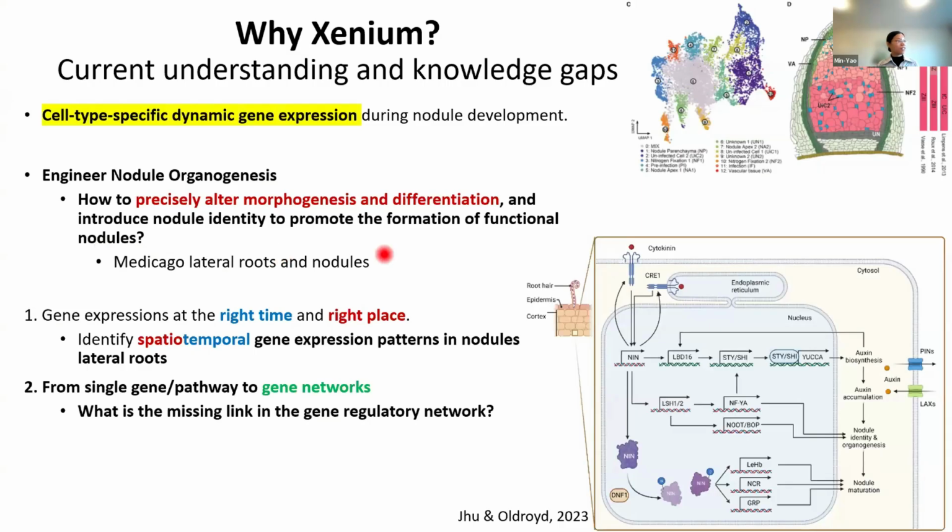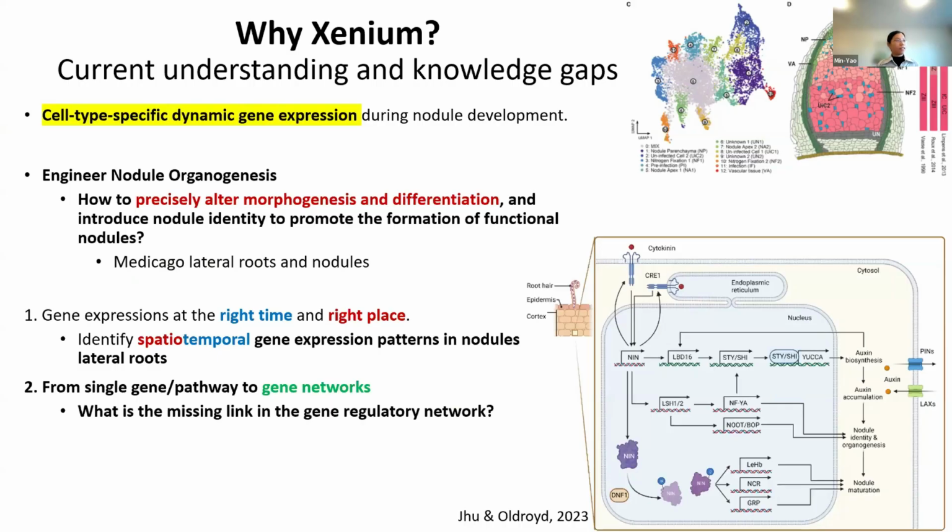Understanding the gene expression pattern in terms of developmental trajectory, specific time points, and expression patterns can help us engineer the crop species in a much more precise way, introducing our target gene at the right time and in the right place, and also help us understand how to rewire the gene network to enable this trait.